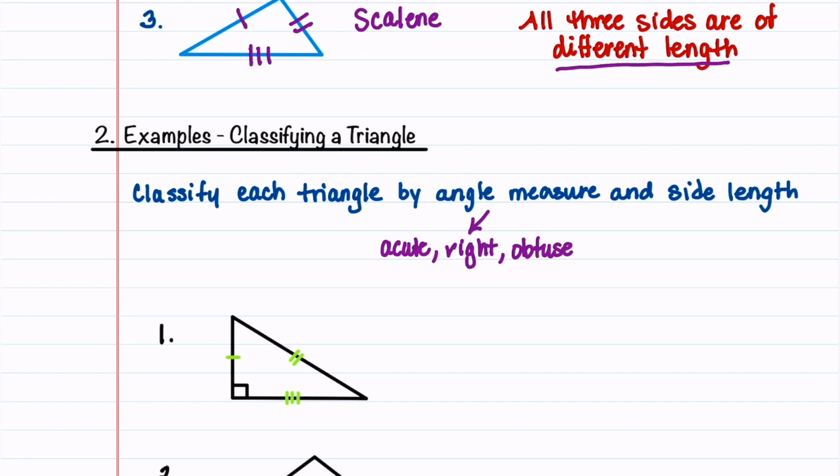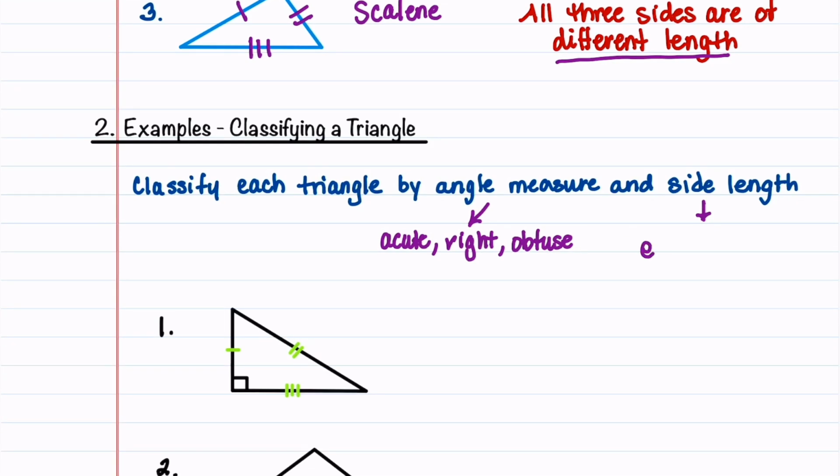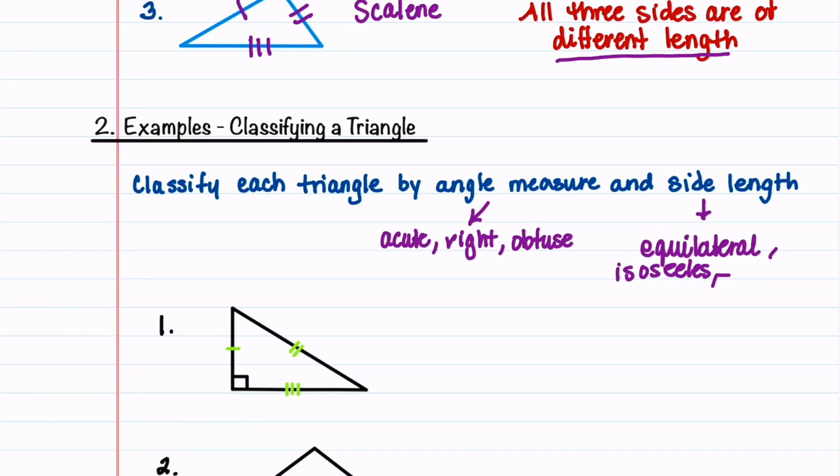And we're going to classify it by side length. So our choices for side length are equilateral, isosceles, or scalene.